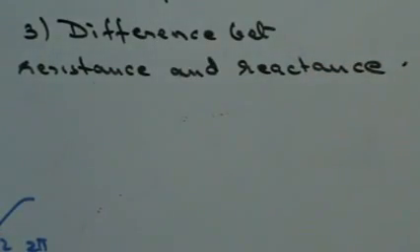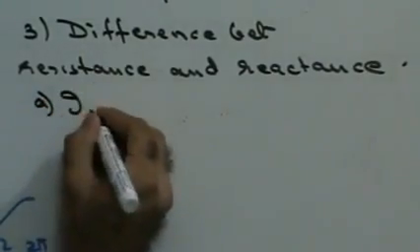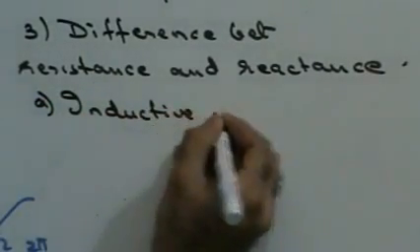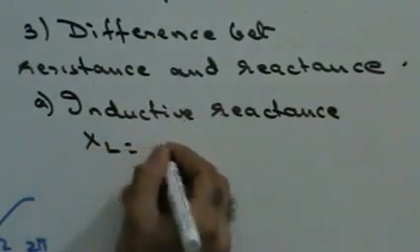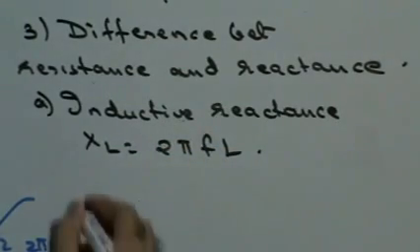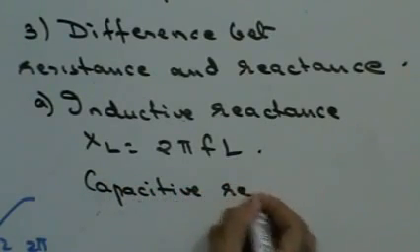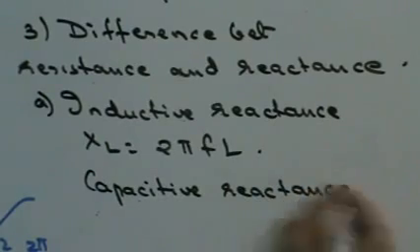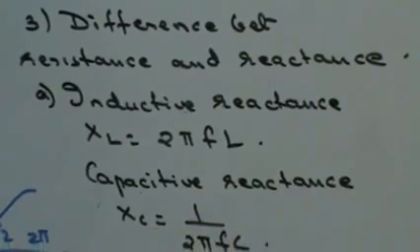Now we have already found out that inductive reactance XL is nothing but 2 pi fL, and capacitive reactance XC is 1 upon 2 pi fC, right?